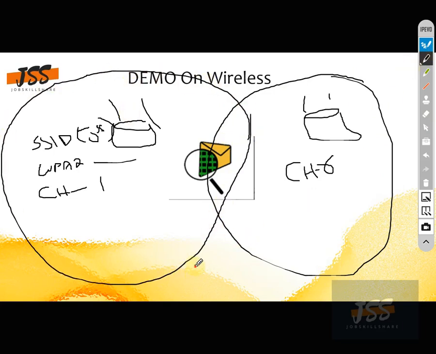Then we will have one laptop which will be connected with this router. Then we will shut down this router to see the connectivity, that seamlessly this other router will take over. Since we do not have anything like roaming, that's the reason I'm going to switch this off.